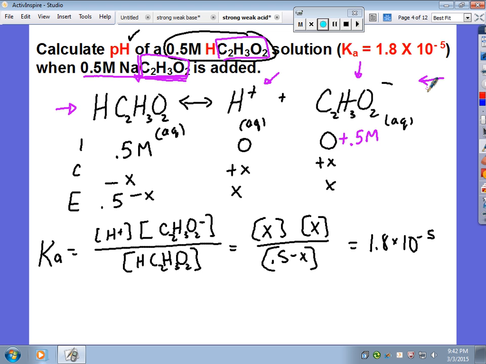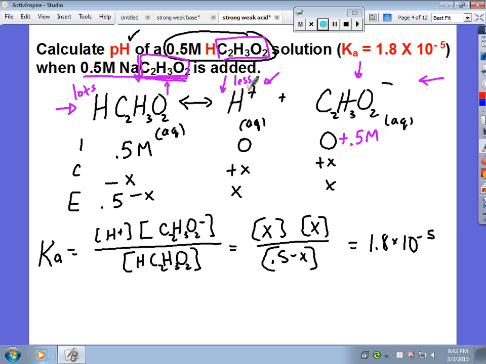And what's that mean? That means I have less hydrogen floating around, right? Hydrogen goes down. And this is going to go up, which means I'm going to have lots more of this, which means if I have less hydrogen ions, then I'm actually going to have a change in my pH.